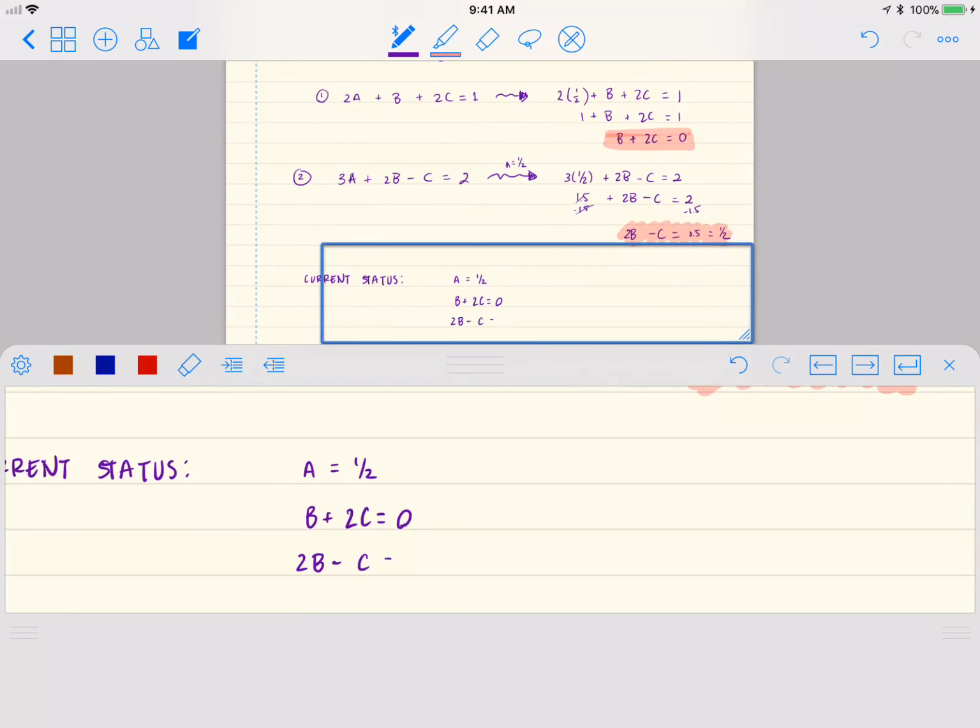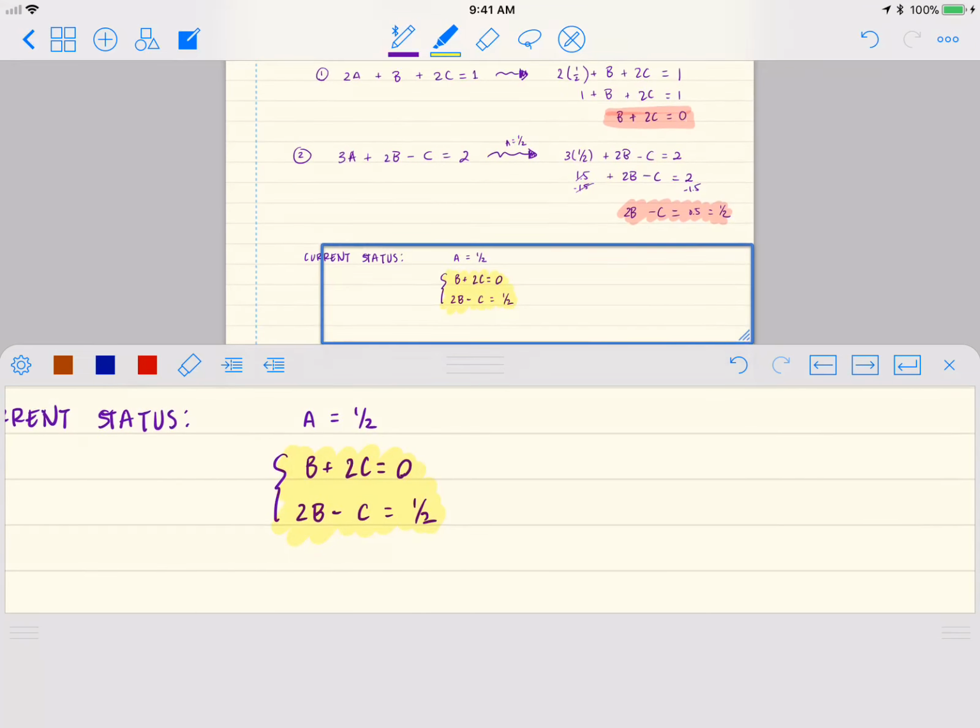So this is now a new system of equations, 2 equations, 2 unknowns, and we're going to solve this to figure out B and C.